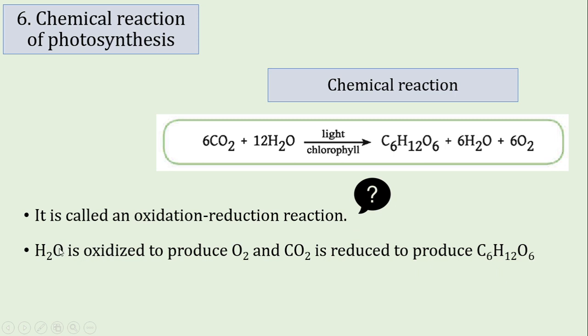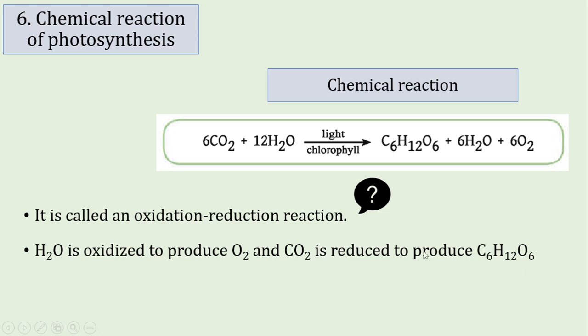If hydrogen is subtracted from a molecule, this chemical reaction is called oxidation. Here we see from water molecule H2O, hydrogen is being subtracted to produce oxygen. So hydrogen is subtracted, this process is called oxidation.